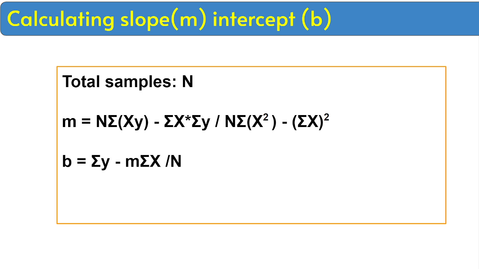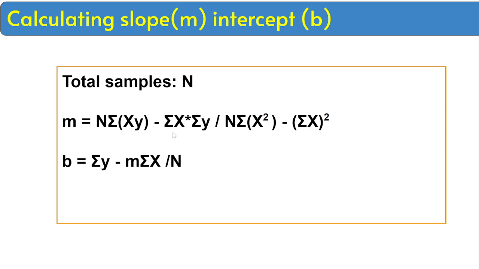To calculate the slope, I'll use the expression m is equal to sum of x times y minus sum of x into summation of y, divided by number of samples multiplied by summation of x square, that is the independent variable, minus sum of the independent variable whole square.